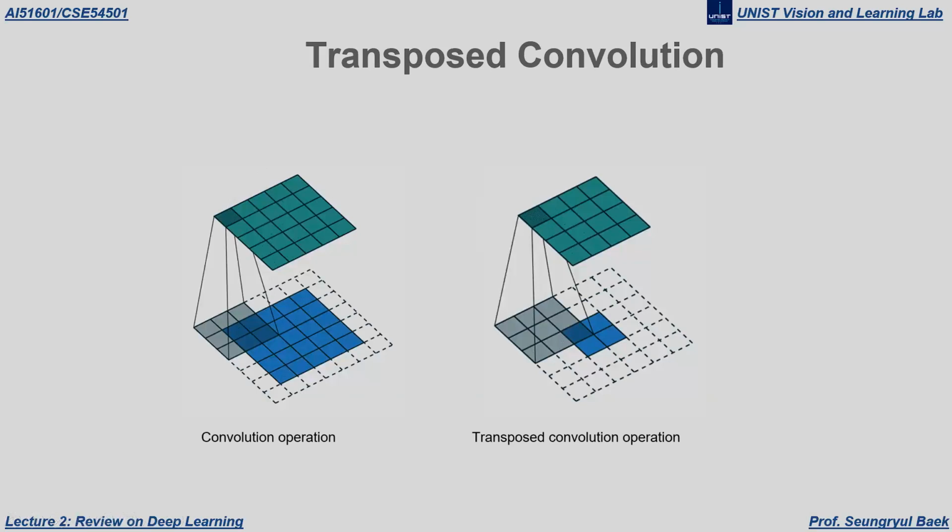By shifting the filter window by 1 pixel, we obtain the final output. In that sense, transposed convolution is also differentiable because it is composed of plus, minus, multiplication, and division operations. But this transposed convolution operation has the inverse property to the convolution operation.